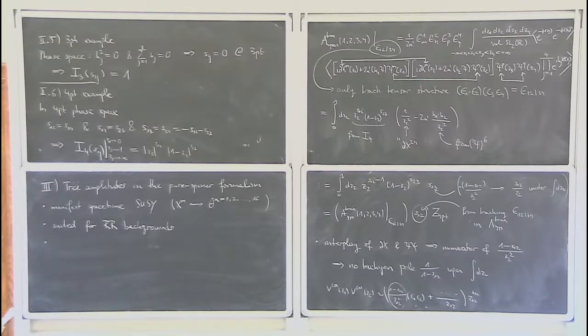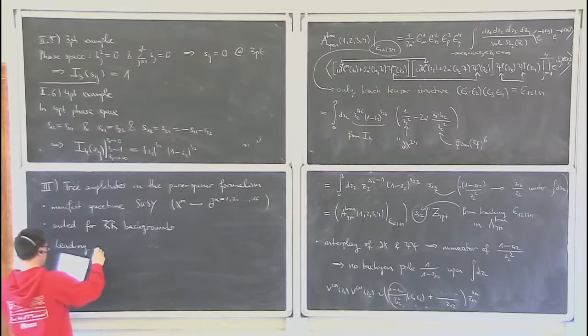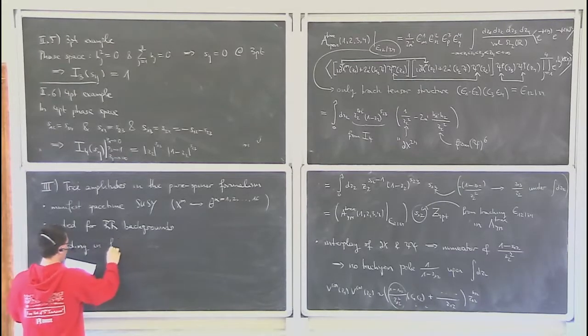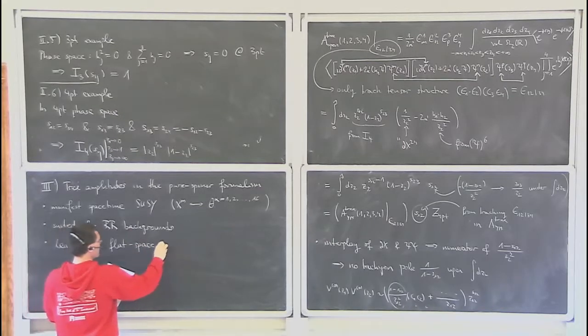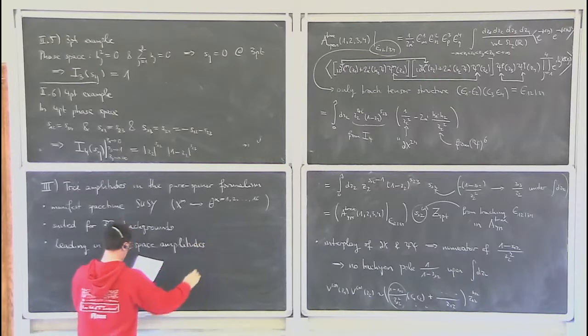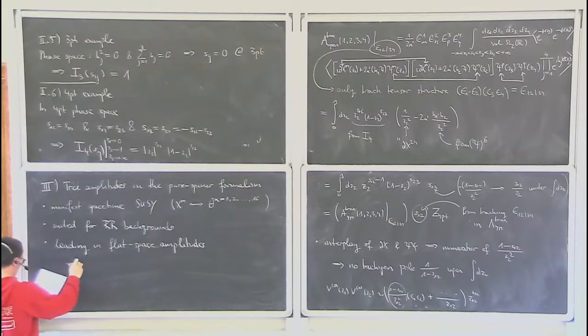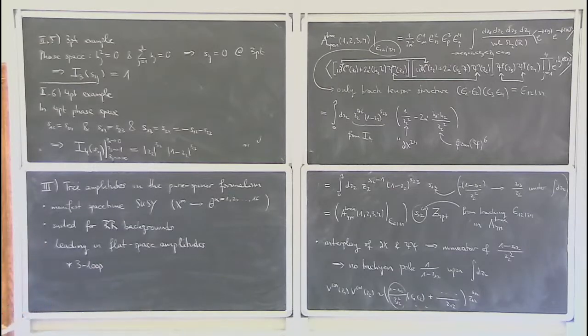Okay, but this lecture is mostly about flat space amplitude calculations, and in this discipline, the pure spinor formalism is leading in the following sense. The pure spinor framework was the first instance that a three-loop calculation could be carried out.